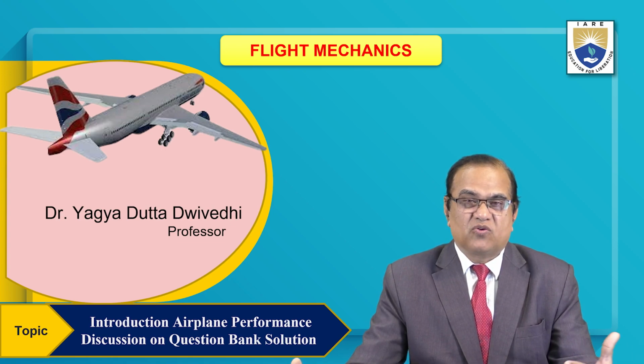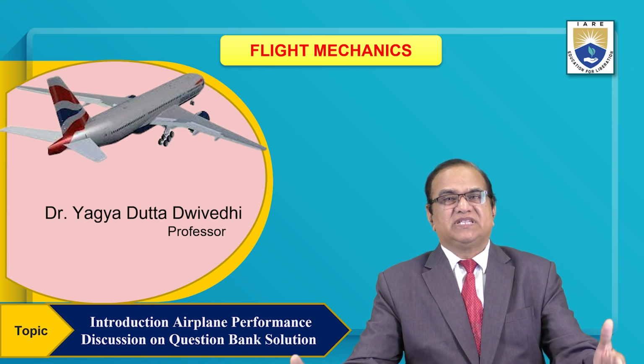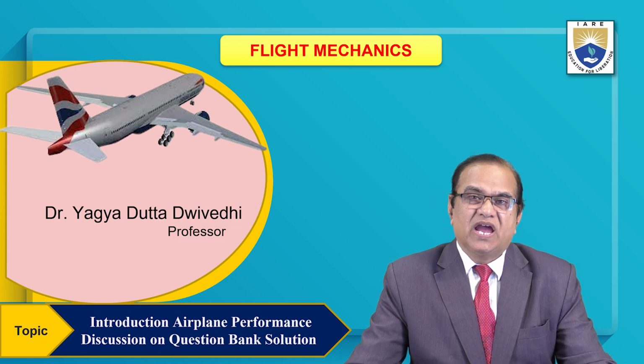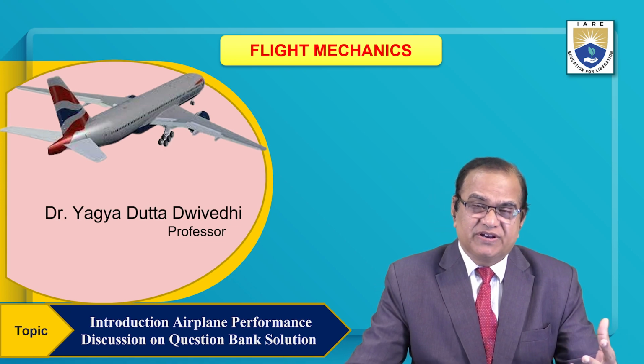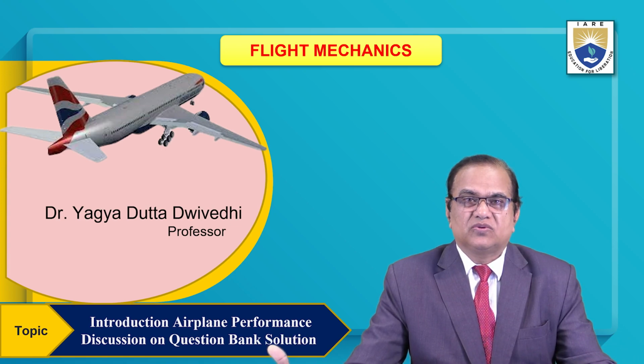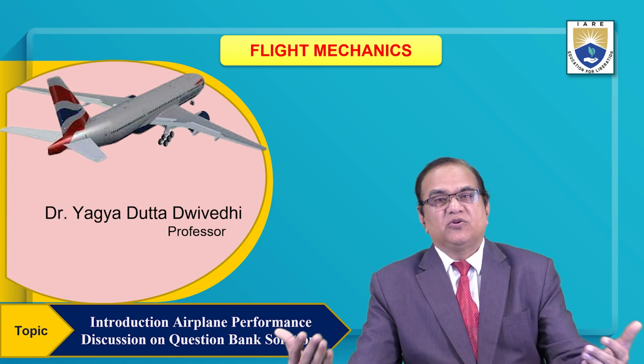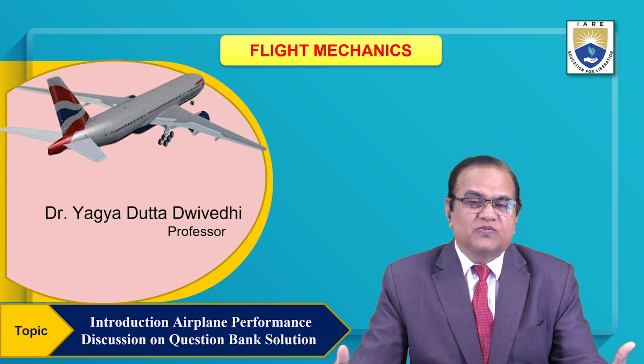The CL and the CD are very important parameters in this aircraft performance, and to generate this lift or the drag, we need to understand about atmosphere. So we have understood the atmosphere also, and in module 2 we have discussed about cruise flight.